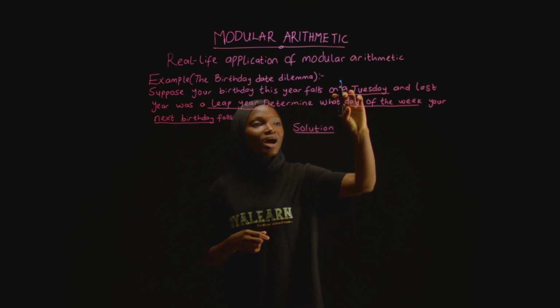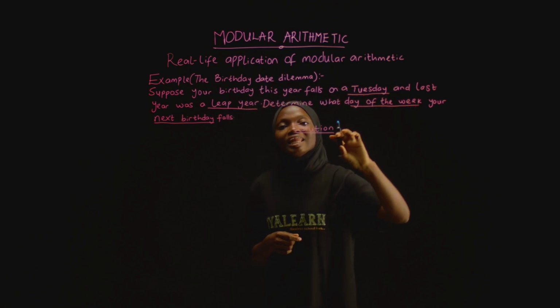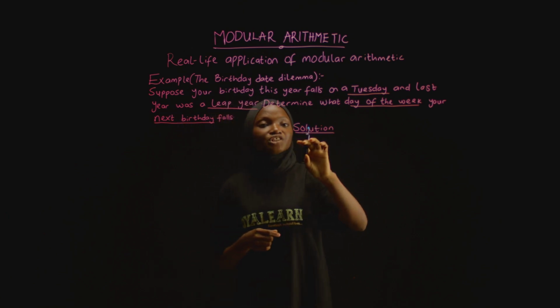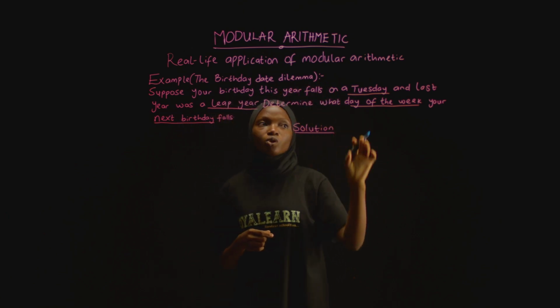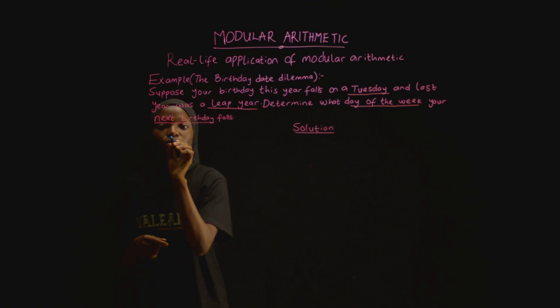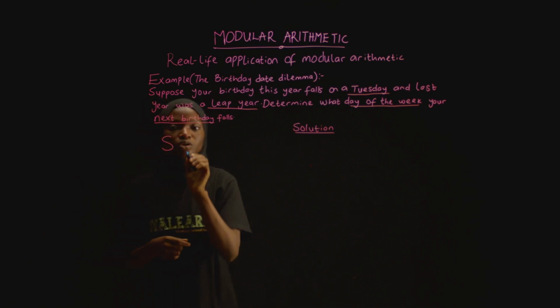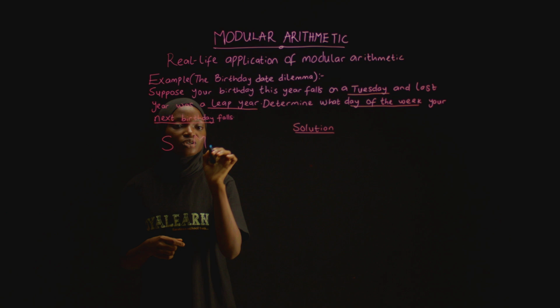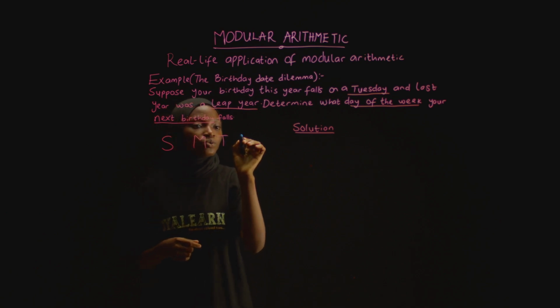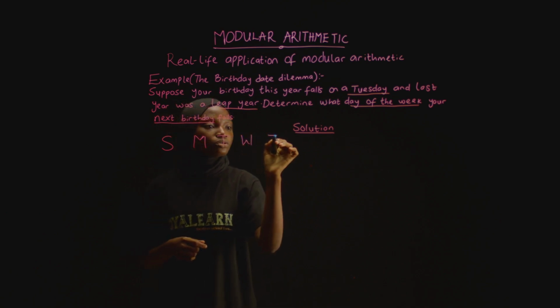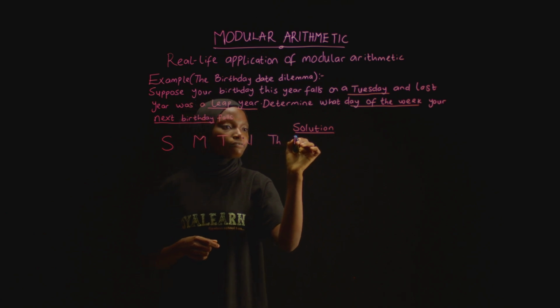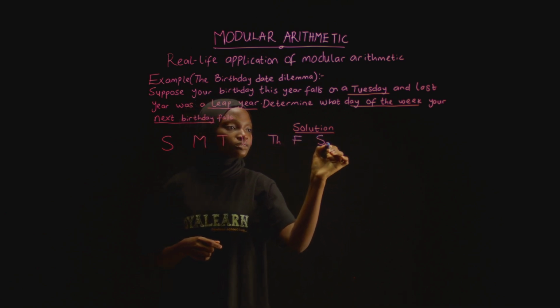Since what we are looking for has to do with the day of the week, let's list out all the days of the week and try to give them a particular mode we could work with. We have Sunday, Monday, Tuesday, Wednesday, Thursday, Friday, and Saturday.